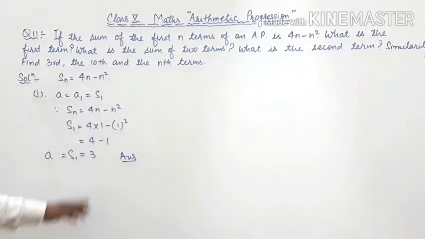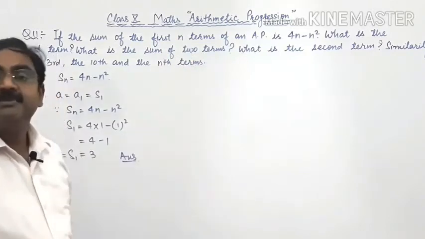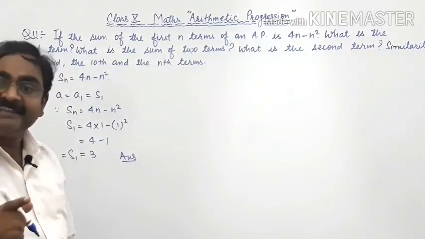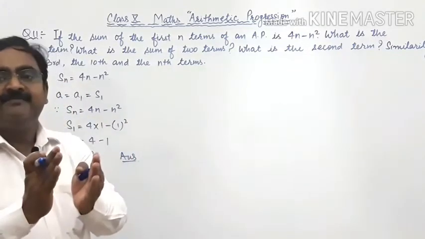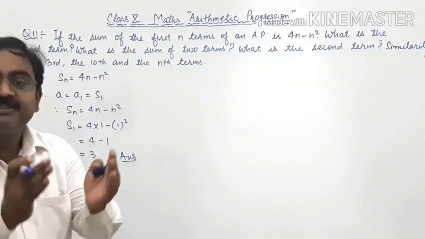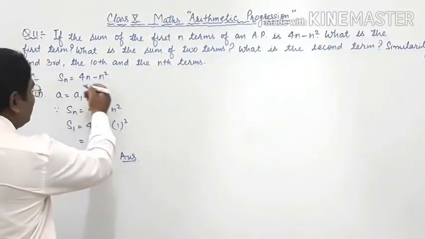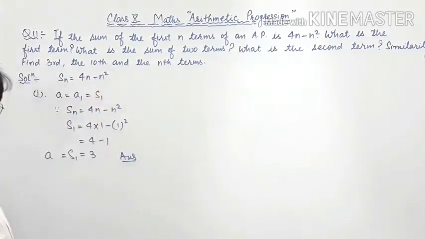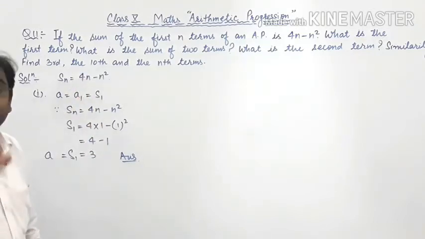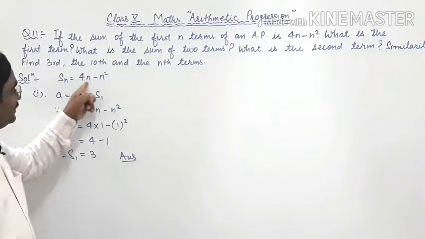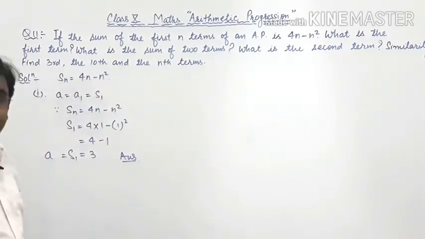Now the second question is asking, what is the sum of two terms? Means we need to find S2 in this part. S2 means first term plus second term, which is the sum of first two terms. And as Sn is given, as we have discussed, when this type of equation is given, you use it as a formula. Sn is given 4n minus n square, so it is easy to find the value of S2.